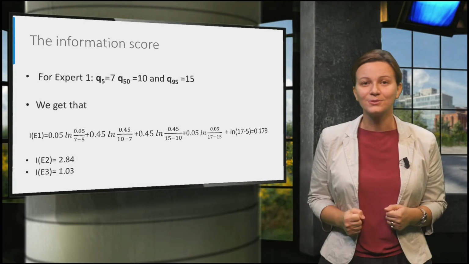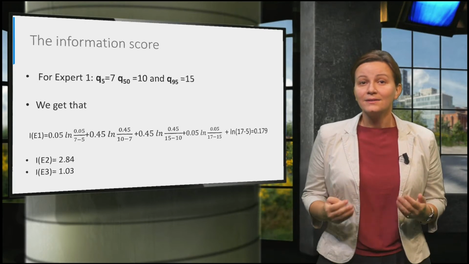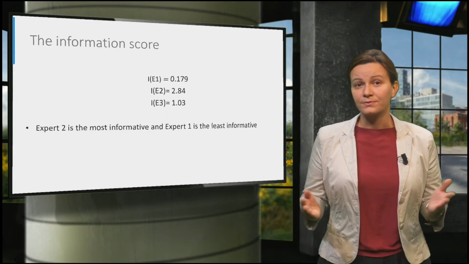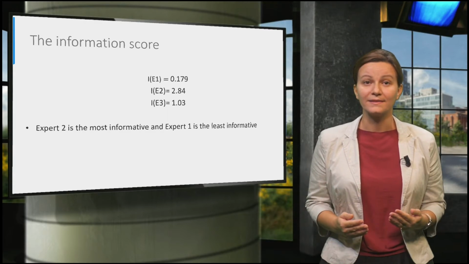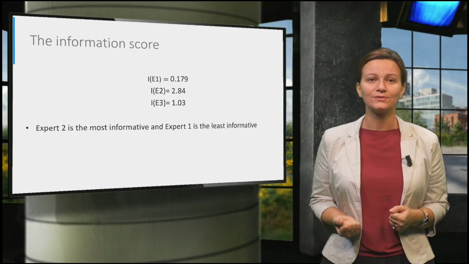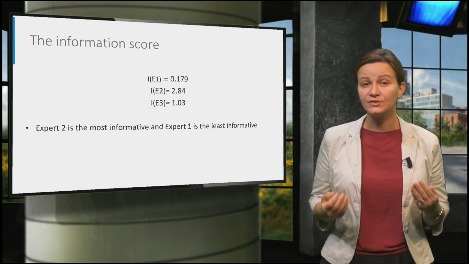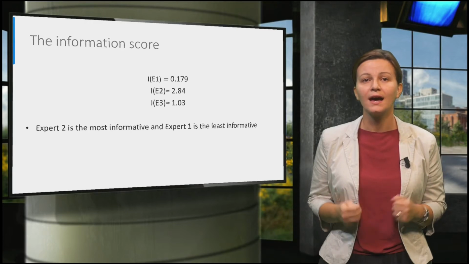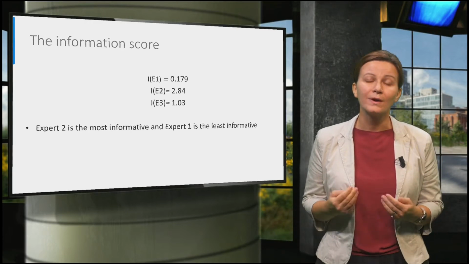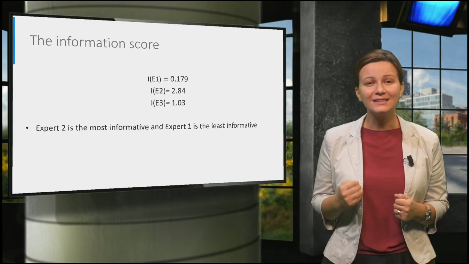Check these results yourself. Here are the information scores of all 3 experts. We know that the higher the information score is, the more informative expert assessments are. We see that expert 2 assessments are the most informative, whereas expert 1 assessments are the least informative.